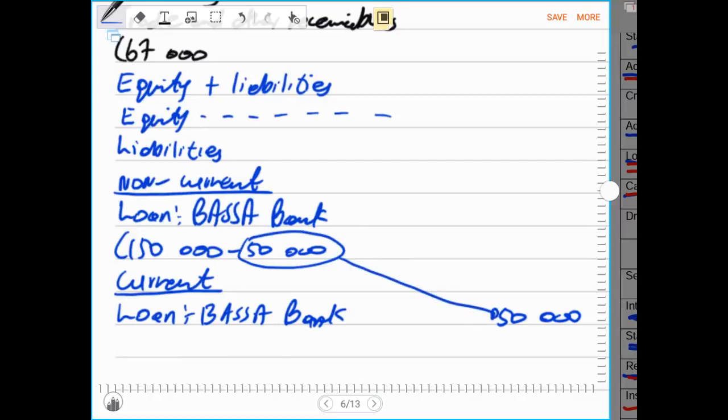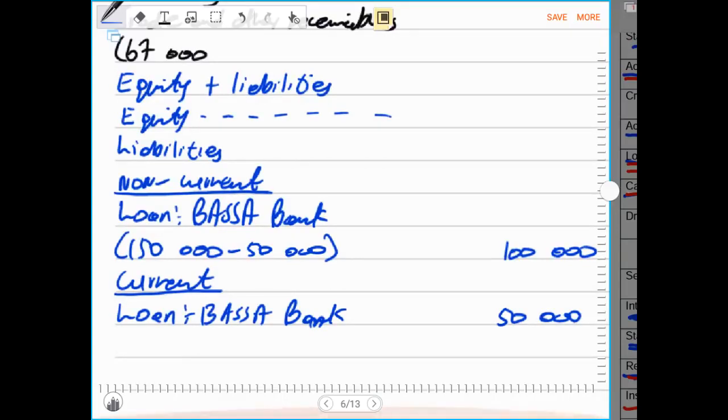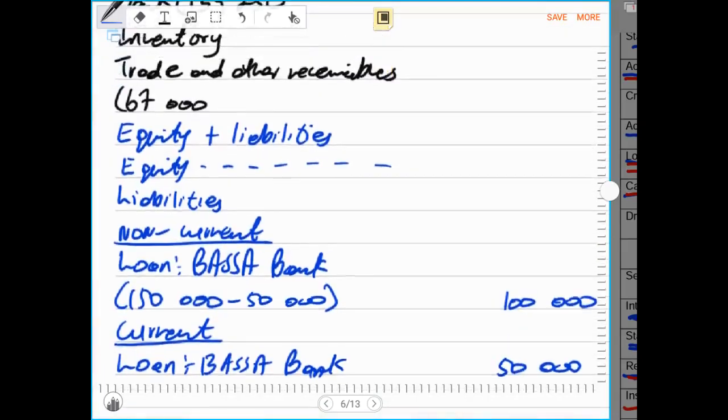It is still a liability, but because it will be paid soon, it is recorded as a current liability, since the loan is payable on the first of January every year. So our long-term loan in total will be 100,000 rands, and our short-term loan will be 50,000 rands, the one that is payable every year.